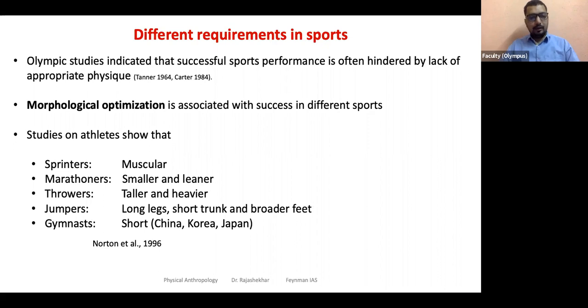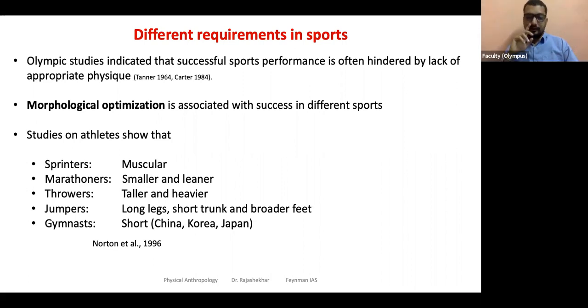For example, what do you notice with respect to what type of body type is suitable? Studies show that athletes who are sprint runners need more muscle. People who have more muscle, who are trained to gain more muscle, are good as sprinters. Marathon runners are a bit smaller and leaner. Why? Various aspects of ecological anthropology that we talked about.